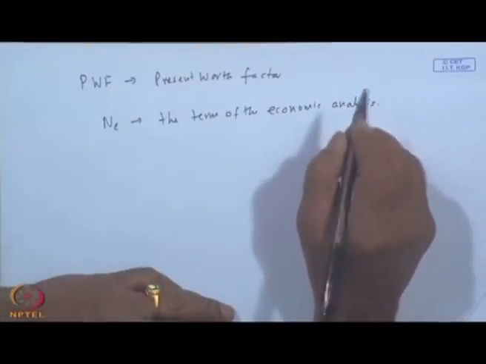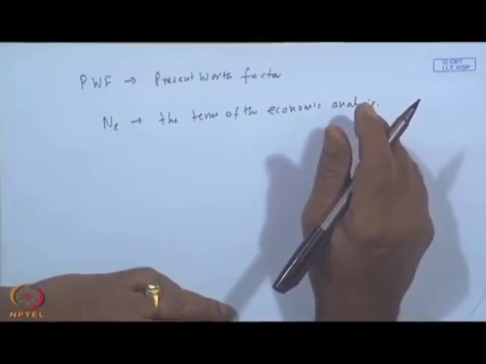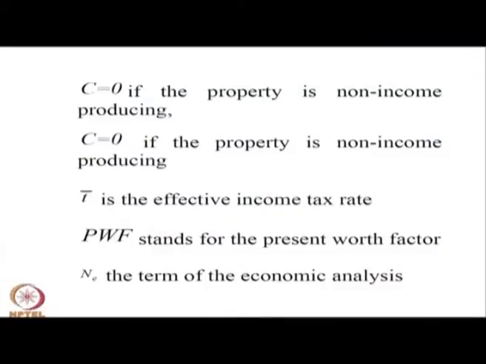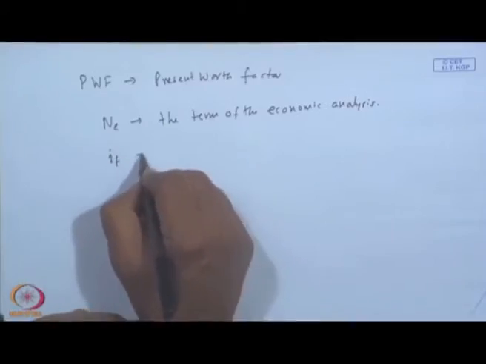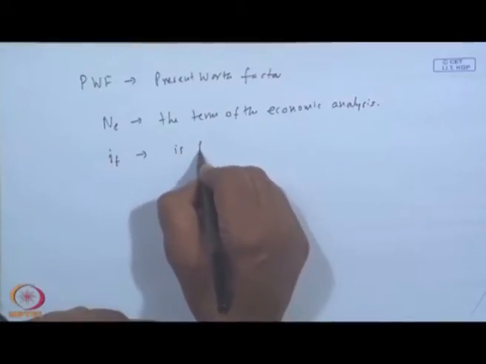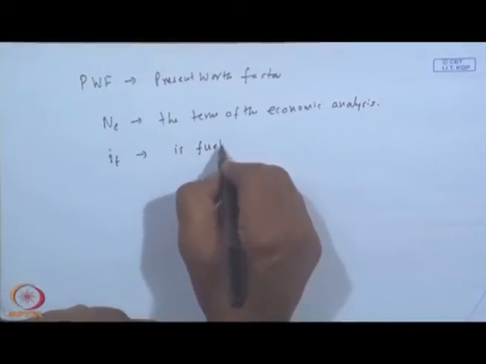It could ideally be the life of the solar energy system, but in case you are not sure, you would like to see whether the life cycle savings are positive or not, and when positive, what is the minimum N that could be required. IF is the fuel inflation rate.